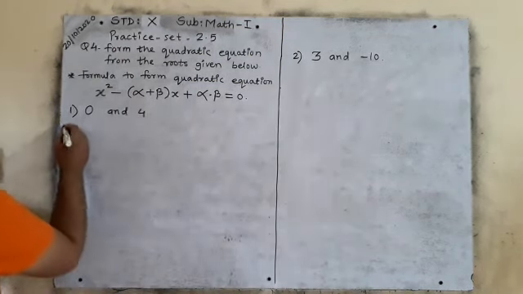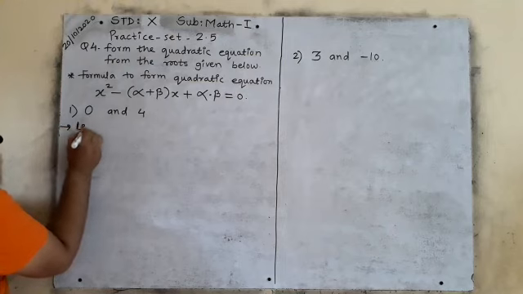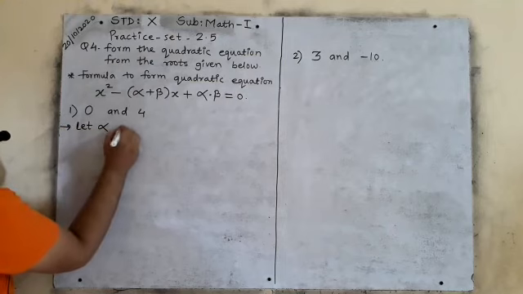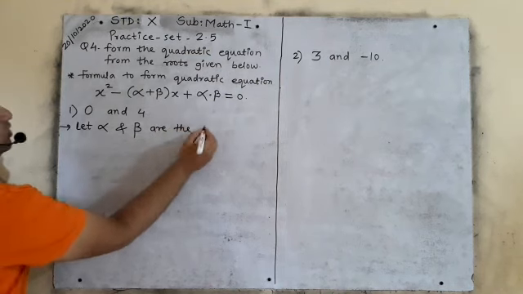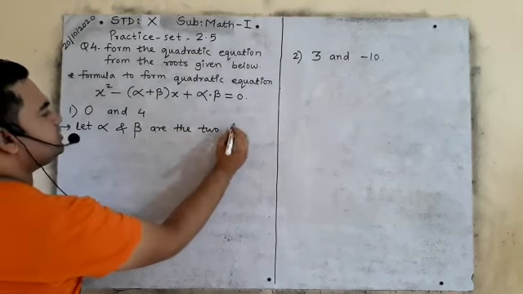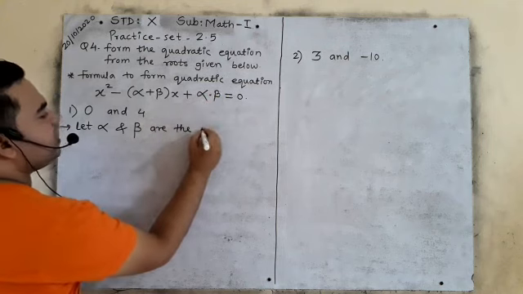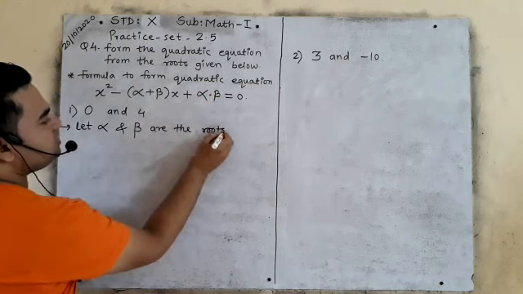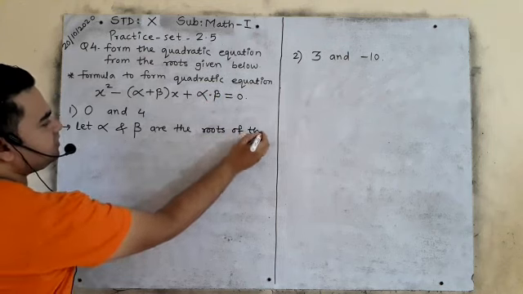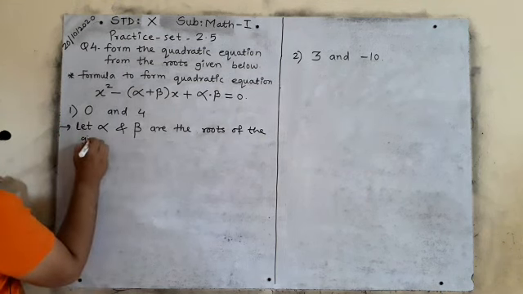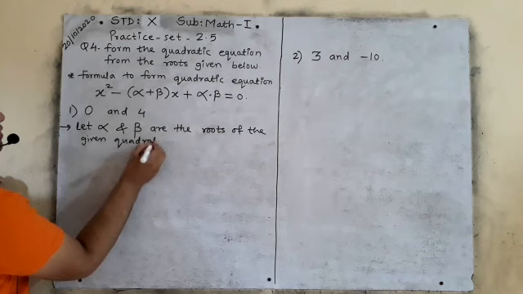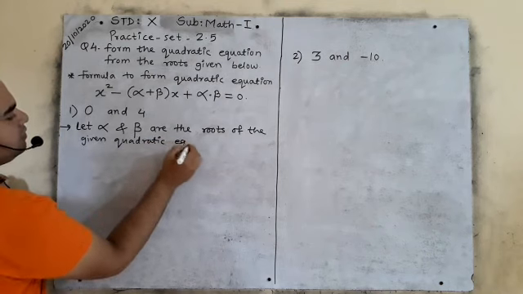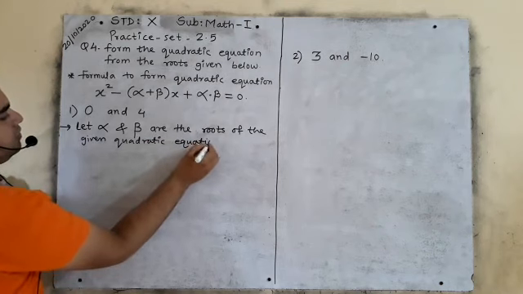Just look at the board here. We will consider first, let alpha and beta are the roots of the given quadratic equation. Okay, is it clear?